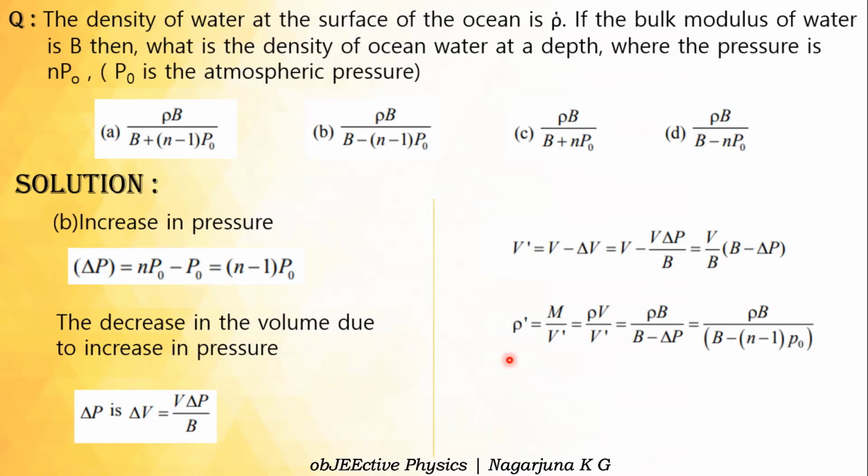Therefore, rho dash, the final density, is equal to mass divided by final volume. But mass can be written as density into volume, that is rho into V divided by V dash.